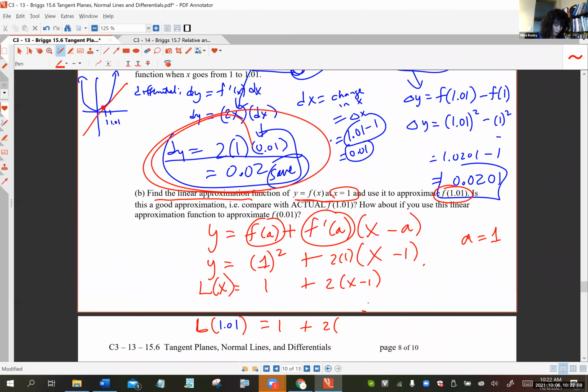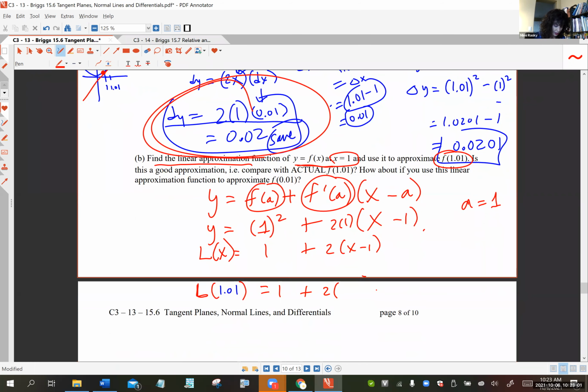Everywhere there's an x, I'm substituting 1.01. Then whip out your calculator and do the quick algebra here. And I get 1.02. So that's what my linear approximation function says the value of L at 1.01 is.